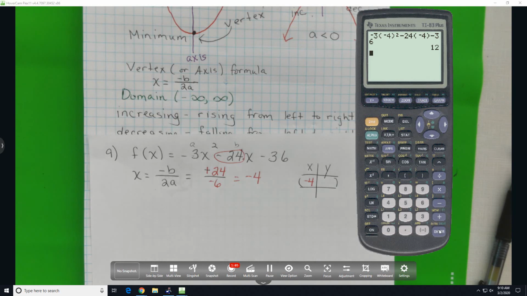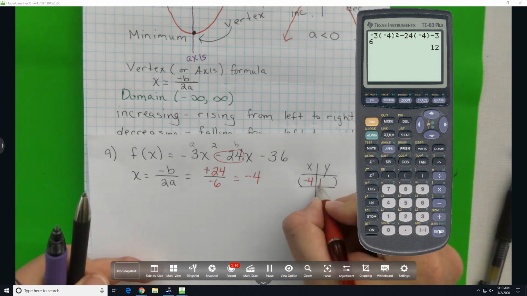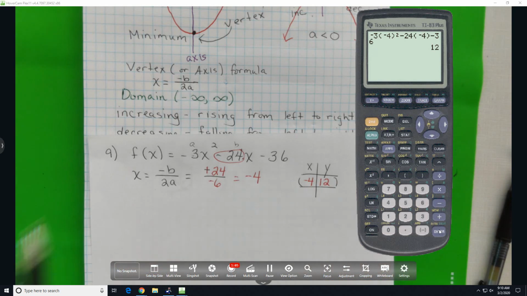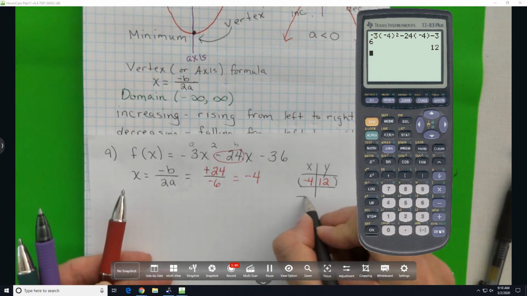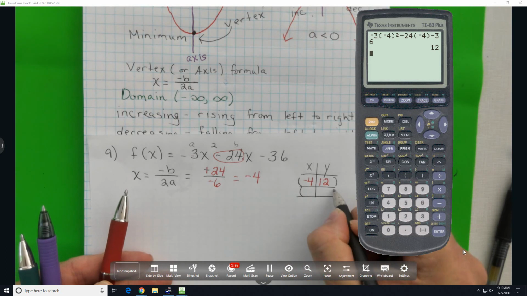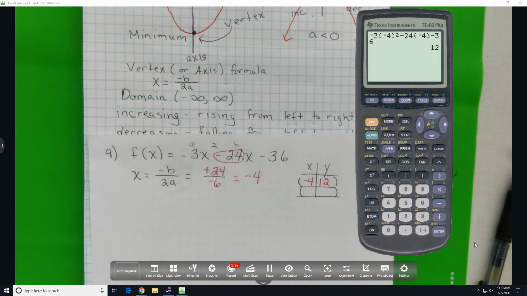Yeah, that's right. Okay. So -4, 12 is 1 point on the graph. And we need one other point. I say only go one above or one below. Yeah. So you either use -5 or -3. Don't go real far away. Don't go to 0, because if you get 0, that's going to give you a -36. It won't be on the graph.